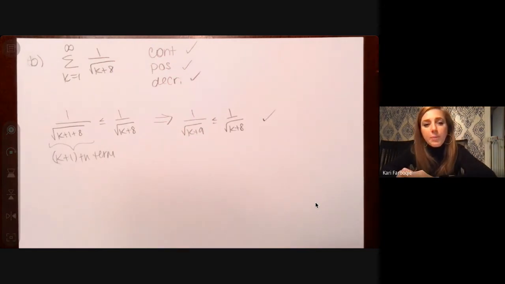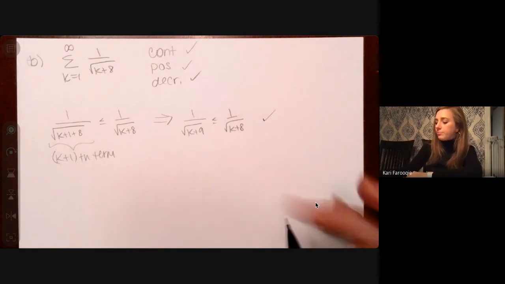You know what's funny? It's not actually funny. But I used to make my students always do the first derivative test for these to show me that their function was decreasing. For every single integral test problem, I made them go through and do the first derivative test. You guys are lucky ducks.